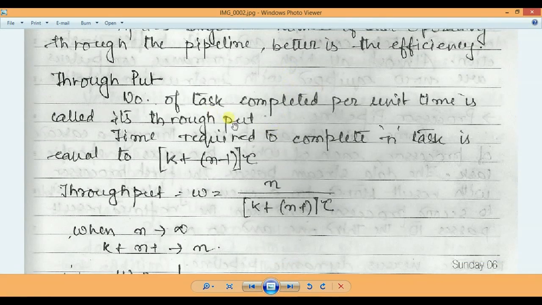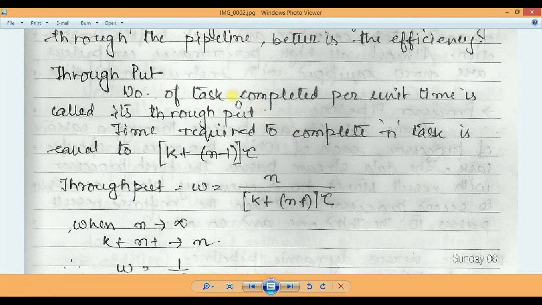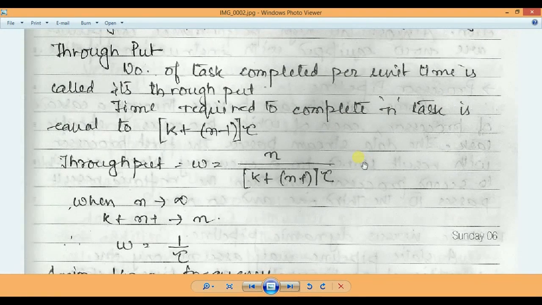Throughput is very, very important. Throughput, the number of tasks completed per unit time, is called throughput. The time required to complete n tasks is k plus n minus 1 tau. Throughput omega is n divided by k plus n minus 1 tau.